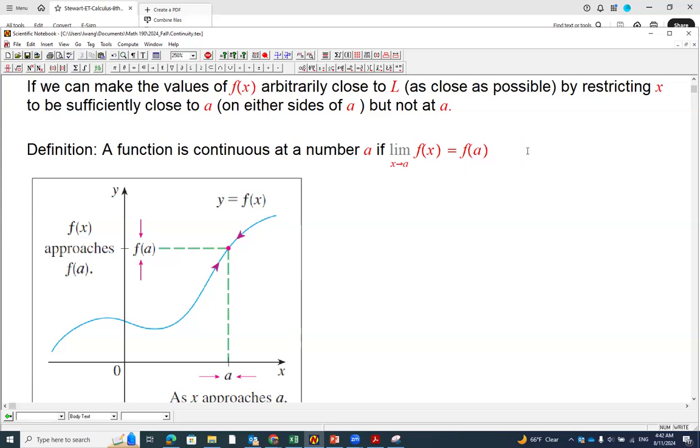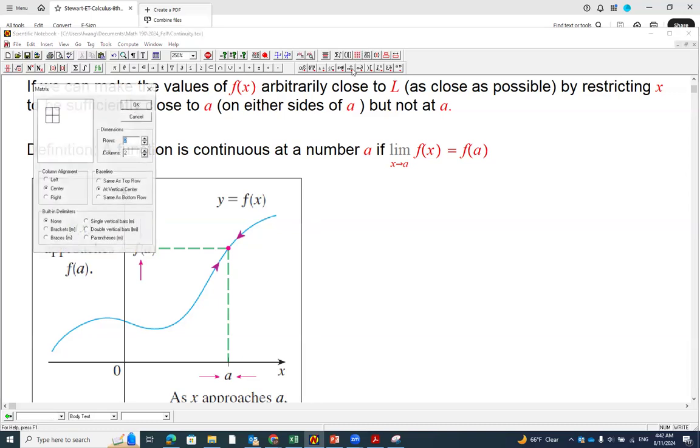So this is a stronger requirement than the limit. From this definition, we have three items we would like to mention.